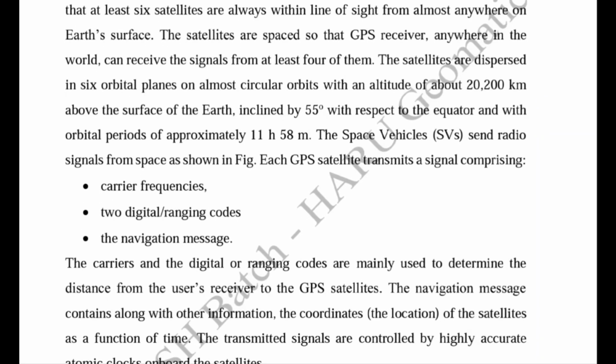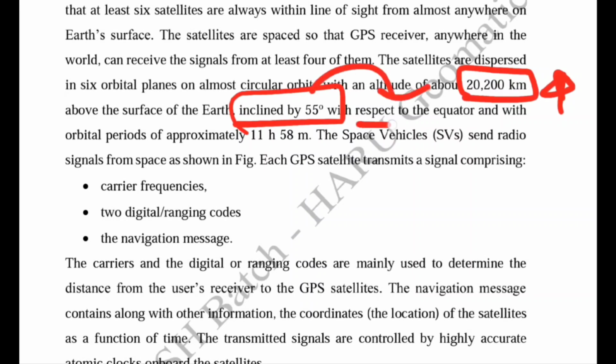Now these satellites have some altitude above the Earth's surface. And what is the altitude? This altitude is important to know. The altitude for the GPS satellites is approximately 20,200 km, and these satellites have an inclination of 55 degrees with respect to the equator.